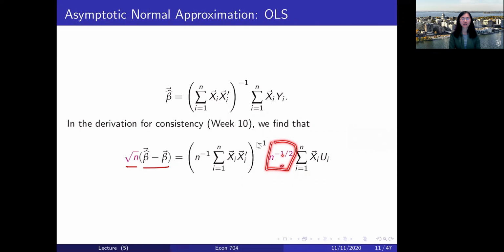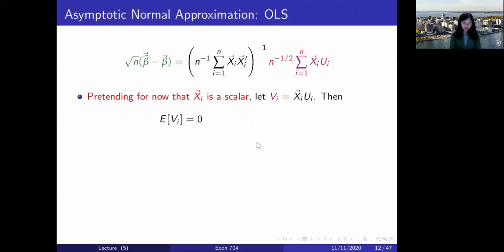Because the central limit theorem is applied on 1 over square root n times a summation of IID random variables or random vectors. So now we will apply the central limit theorem on this piece, but there is some complication.